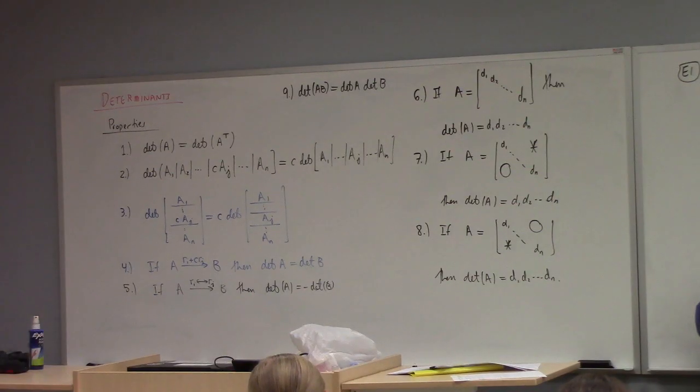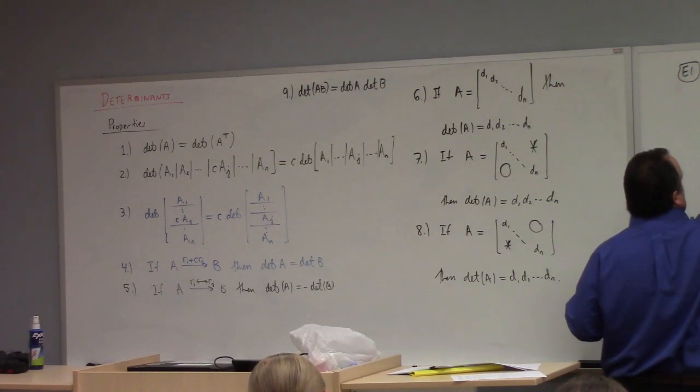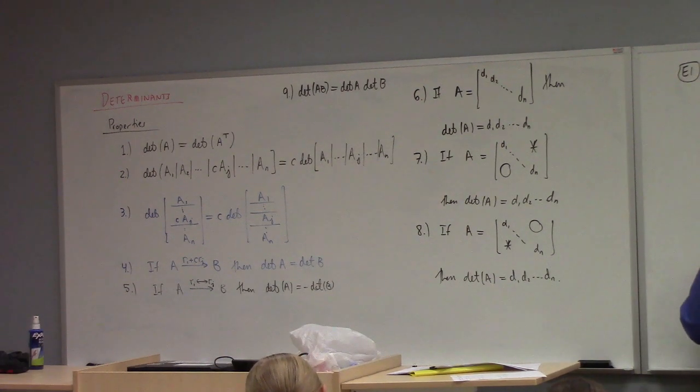Ooh, let's not do that. I'm going to make this a 0 instead, all right? So if A is equal to LU, then what's the determinant of A?